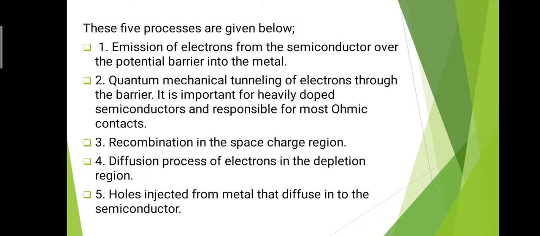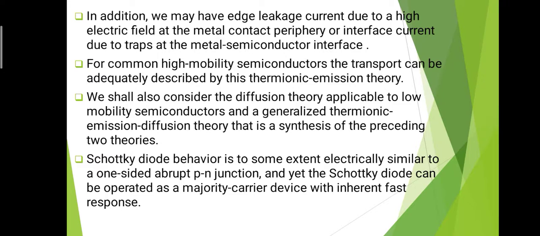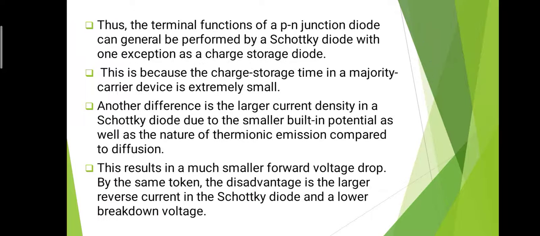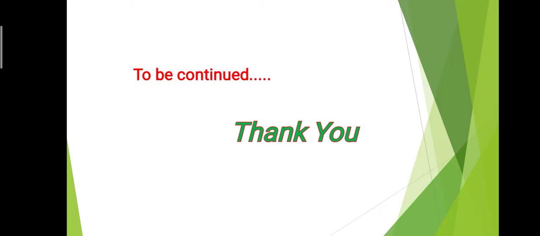Fourth is the diffusion process of the electrons. The last is holes injected from the metal and diffused into the semiconductor. All these are the different phenomena of current transport at the metal-semiconductor junction.